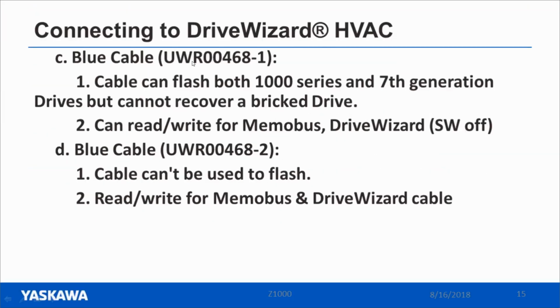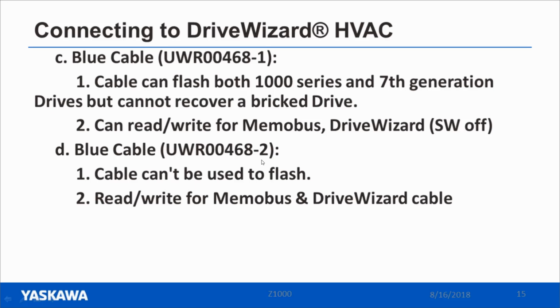And here, the blue cable, there's two different versions. The UWR 00468-1 or -2, different capabilities. The -1, you can flash 1000 series and 7th gen drives, but you cannot recover a brick drive. And then again, you'd be able to read and write parameters.